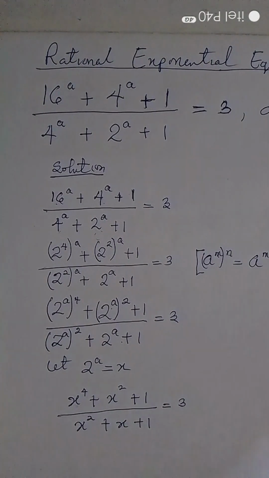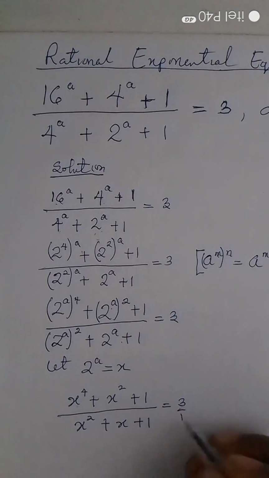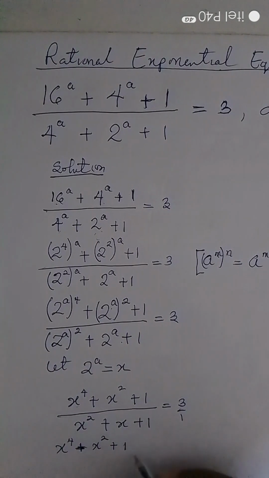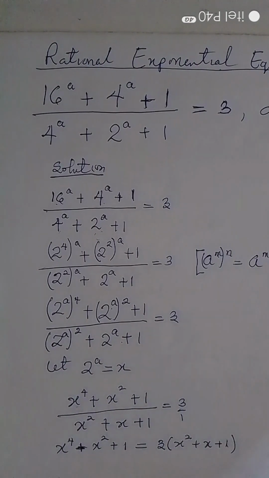So here we apply the cross multiplication rule for fractions. So we have x to the power of 4, plus x to the power of 2 plus 1 equal to 3 open bracket x to the power of 2 plus x plus 1.